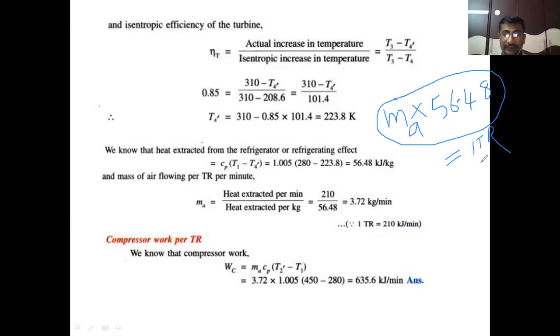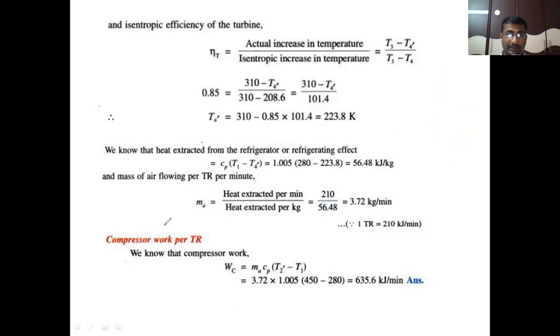Therefore, MA equals 1 TR by 56.48. 1 TR value is 210. 210 divided by 56.48, then we will get 3.72 kgs per minute for every 1 ton. To produce one ton, we should supply air circulated in the system at 3.72 kgs per minute. Clear, students? This is the mass of air circulated.